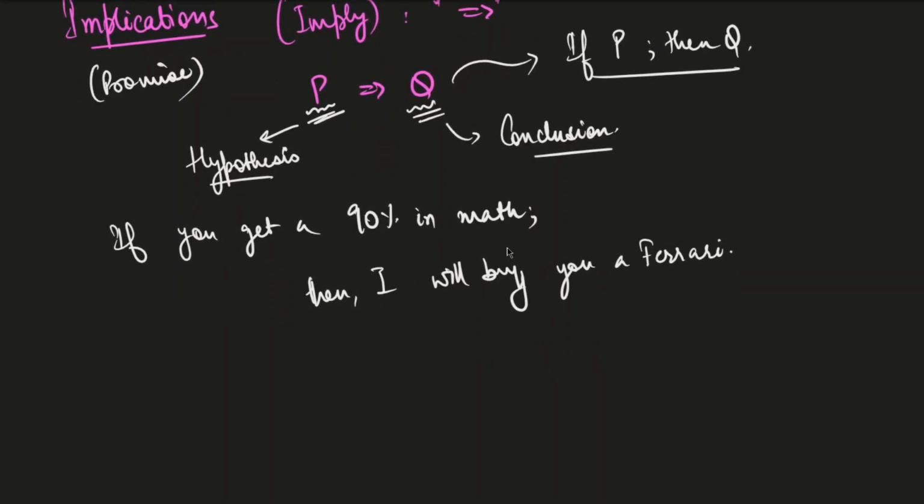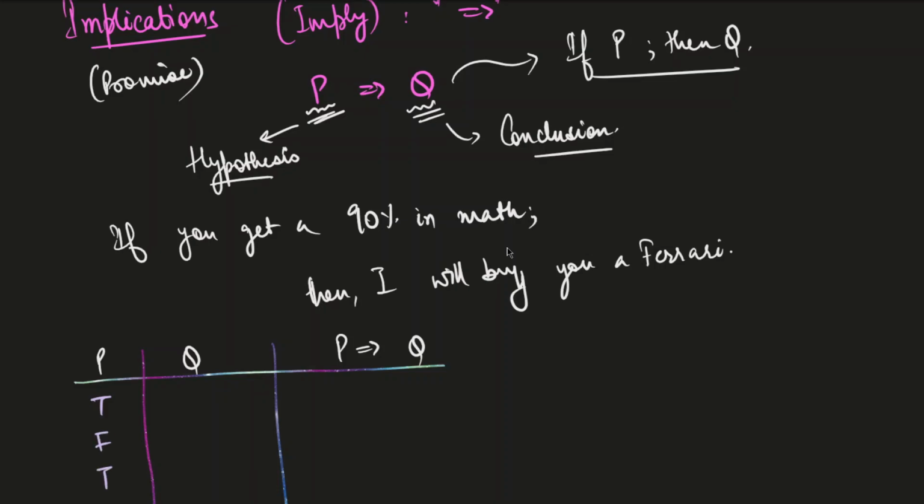So if I have a P, a Q, and another column for P implies Q, what will I get? Let's just try it. If I have all possible values, which is TF, TF, TT, FF, this is a standard way to find all possible values.